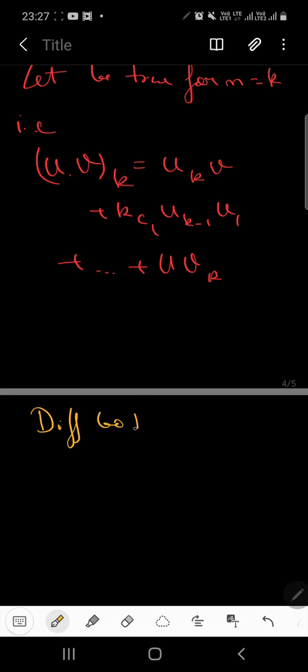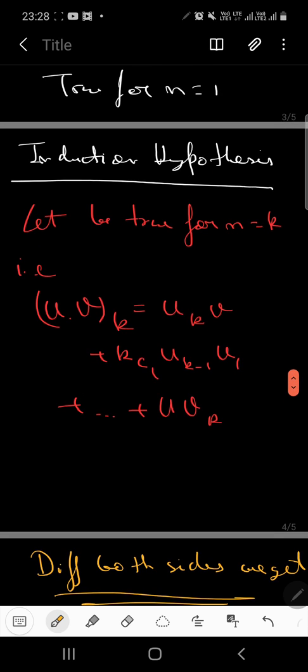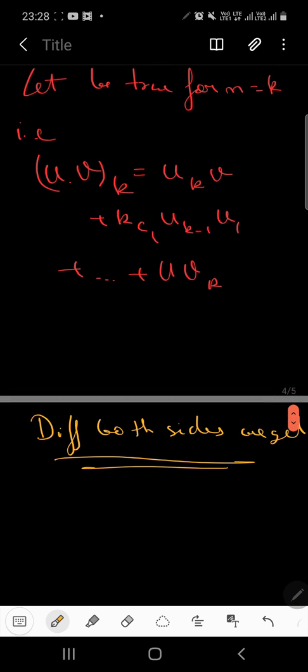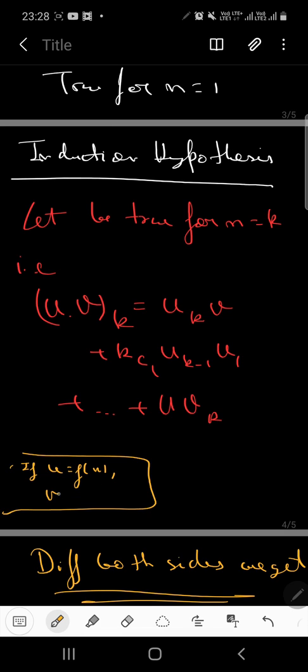differentiating both sides we get, now I'm not writing with respect to what, because let the u and v functions both have their independent variable as x, so we will be differentiating with respect to x. I mean to say, suppose if u is equal to f(x) and v is equal to g(x), then we will be differentiating with respect to x.